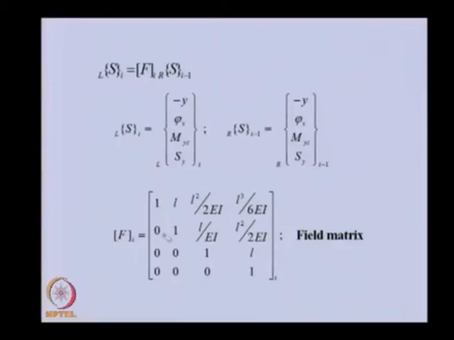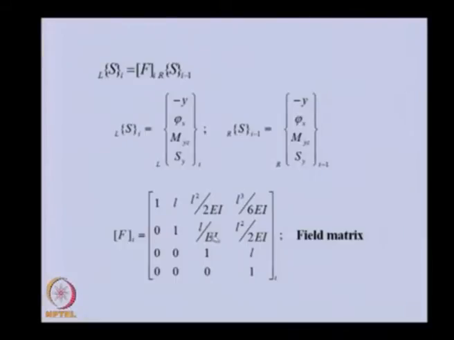If you want to see the shear force relation, shear force is at the end, and here because these field variables are getting multiplied with 0, we will have the shear force at the left of I equal to the shear force toward the right of I minus 1. Similarly, this is for the bending moment, this is for the angular displacement, and this is for the linear displacement.